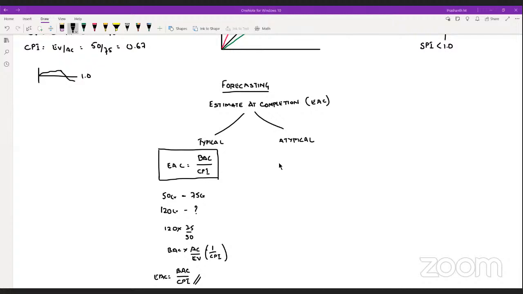So there will be a new CPI based on that. Correct. So the CPI for the future work is going to be different.